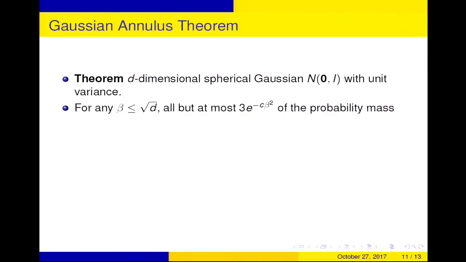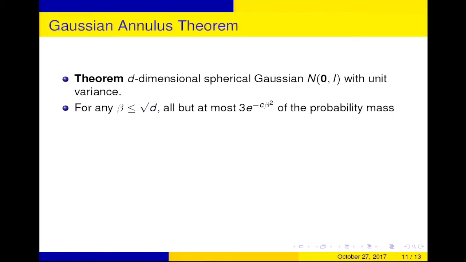So, some notation: you have a d-dimensional spherical Gaussian. The mean of the Gaussian is now bold-face 0, because it is centered at the origin in d dimensions. This is the identity matrix, the variance-covariance matrix, right?